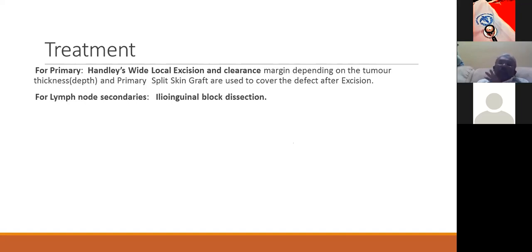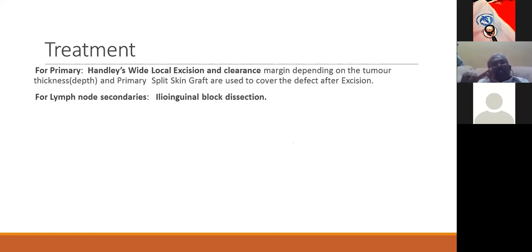So you tell, I would give a 2 centimeter clearance, a minimum of 3 centimeter depth clearance, macroscopically and microscopically clear margins, and then I will be doing a sentinel lymph node assessment, depending on whether the sentinel lymph node is lighting up or not. If it is lighting up, then I will do a regional lymph node dissection.